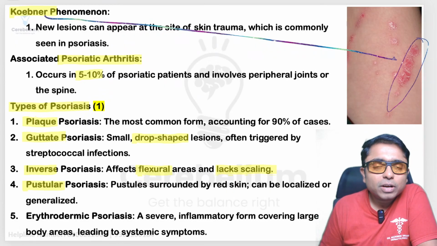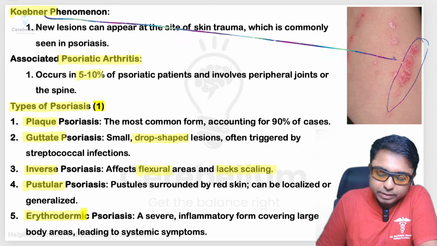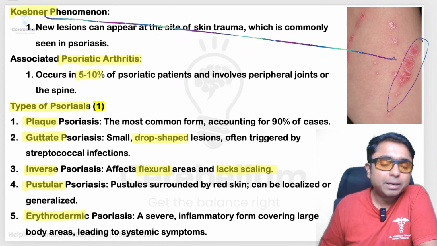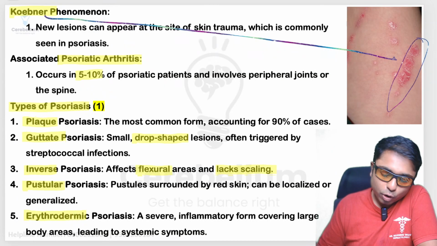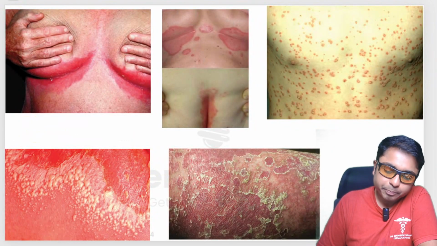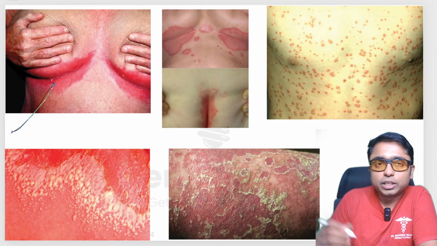If the patient is developing sterile pustules all over the body, we call it pustular psoriasis. And if there is erythema and scaling which is associated with more than 90% body surface area, we call it erythrodermic psoriasis. So here these are some of the pictures where you are able to see this is a patient of inverse psoriasis or flexural psoriasis.